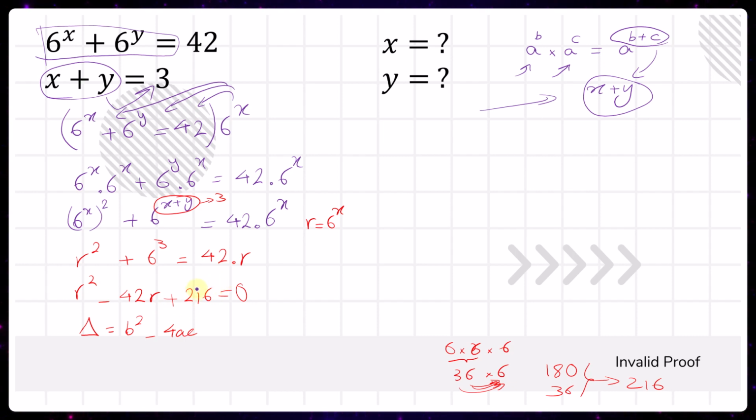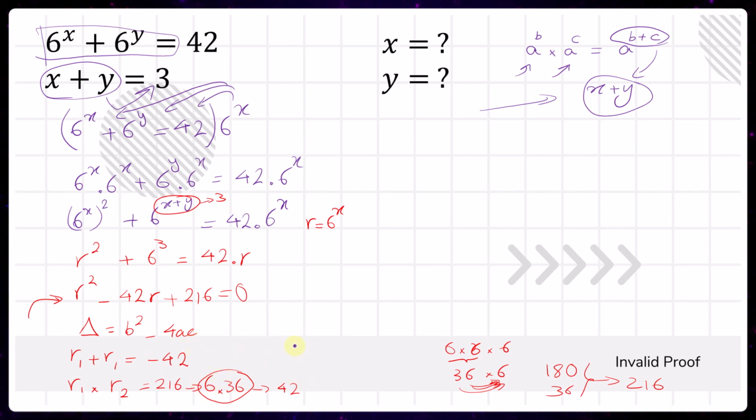But there is another way that we can use. There's a way to solve this kind of equation. We say there are two numbers that add up to minus 42 and multiply to 216. And we already know that 216 is 6 times 36, and we know that these two add up to 42. But since we want minus 42, both of these need to be negative.